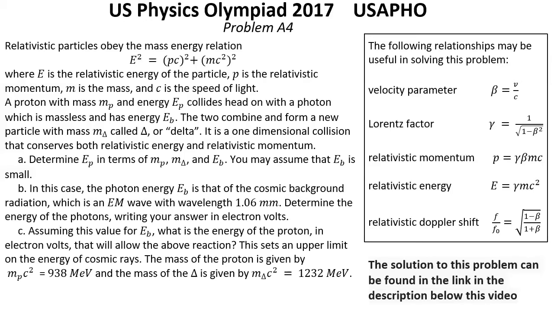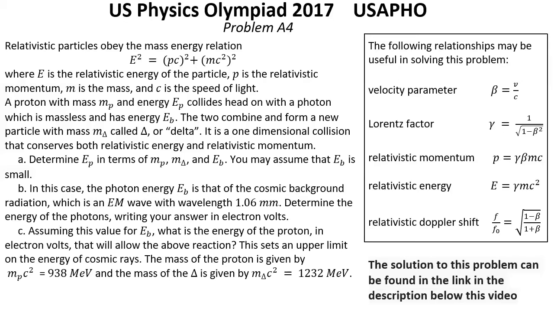Question B. In this case, the photon energy E_b is that of the cosmic background radiation, which is an electromagnetic wave with a wavelength of 1.06 millimeters. Determine the energy of the photons, writing your answer in electron volts.